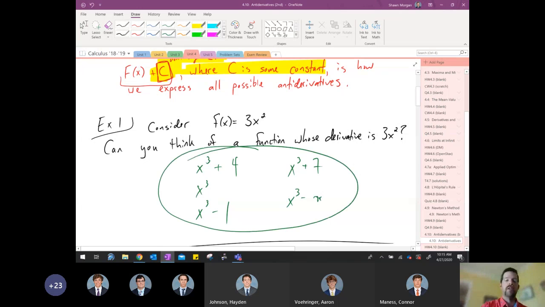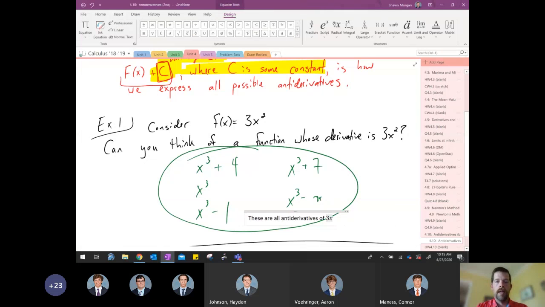All of these functions, write down in your notes, are antiderivatives of 3x squared. What about 0?